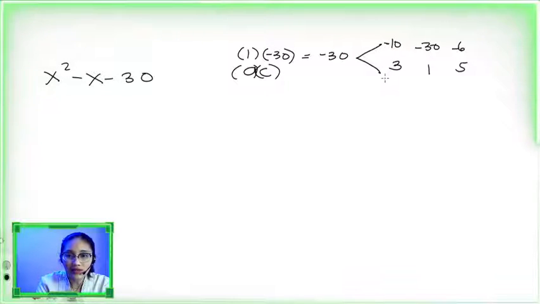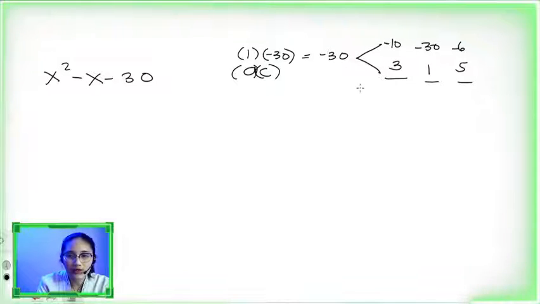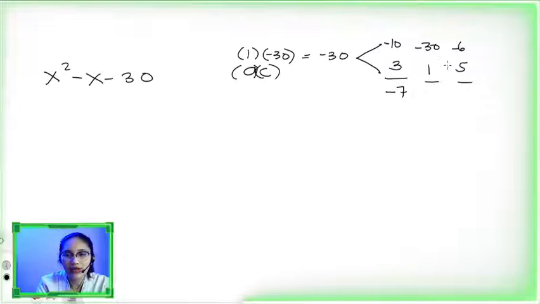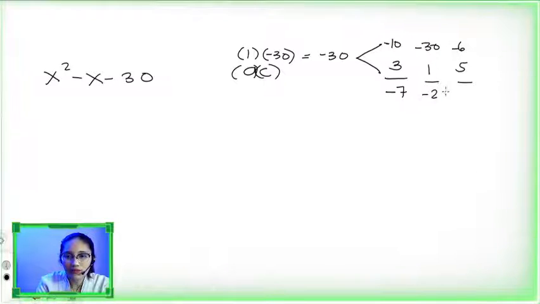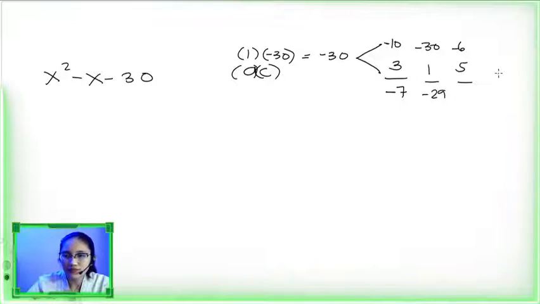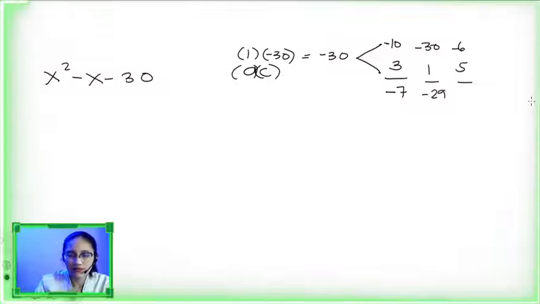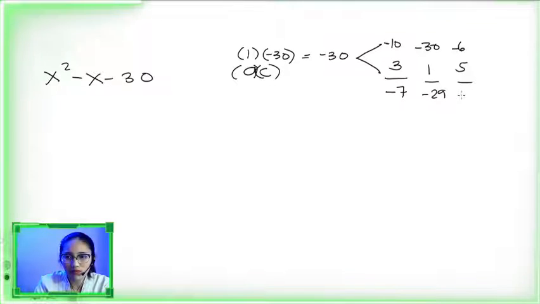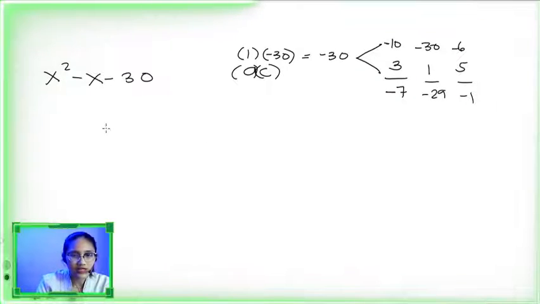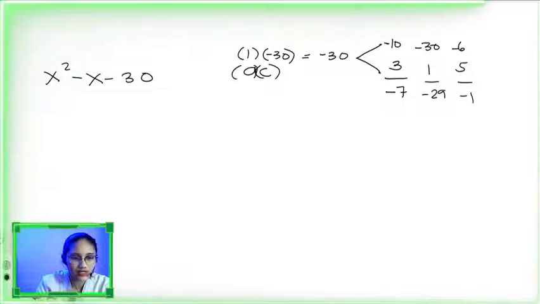So, in here, we get the sum. Ito yung product. Now, ito yung sum. Tingnan natin, negative 10 plus 3, we have negative 7, negative 30 plus 1, we have negative 29, and we have negative 6 and 5, the sum is negative 1 pag pinag-add yan. So, nakita natin, kasi we need negative 1 as the result of the sum.